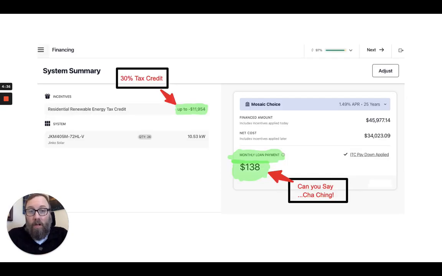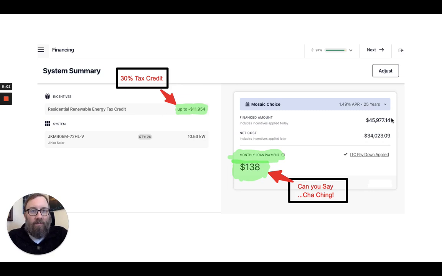With solar, you can see the net cost of the system after the tax credit is applied. So the federal government pays for 30% of Jack's system in the form of a tax credit. That's just shy of $12,000 that Jack is getting back from the government, and that brings the net cost of his system.